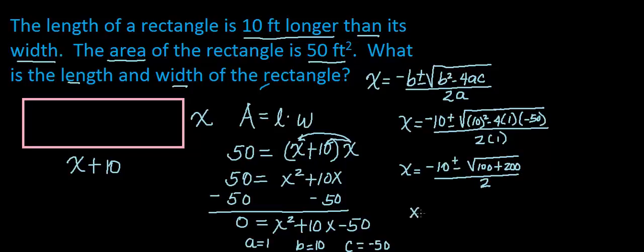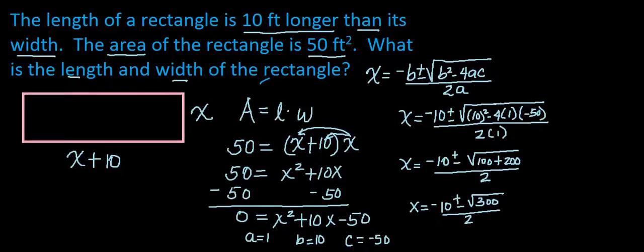We keep simplifying inside of the square root: negative 10 plus minus the square root of 300, everything over 2. Now, we're going to grab our calculator and calculate this value.